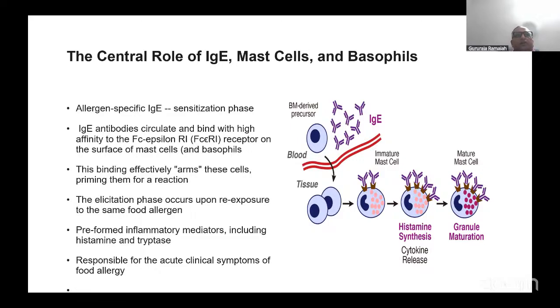While the normal thinking is that the final executors of allergic reactions are mast cells and basophils, they play a very complex role. Upon activation, they also serve as an important source of IL-4. So this creates a potent positive feedback loop. An initial Th2 response leads to IgE production and subsequent mast cell activation.